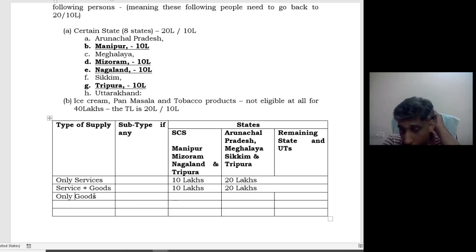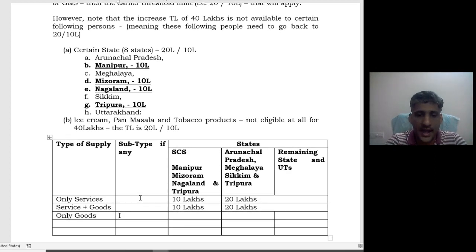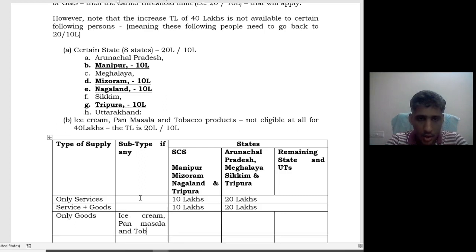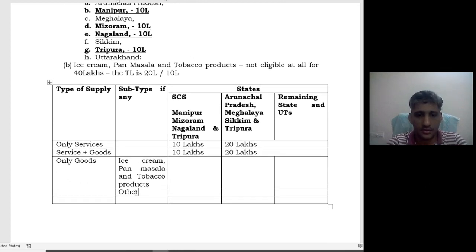In supplying only goods, there are again products. What products are there? Ice cream, pan masala, and tobacco products and other goods.